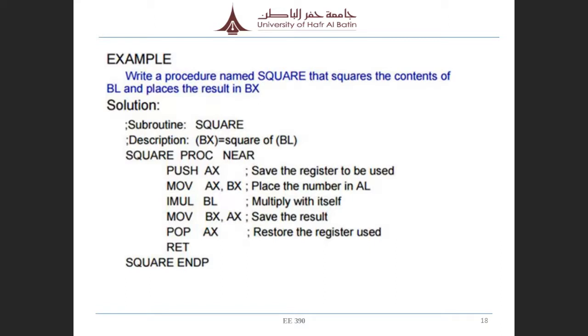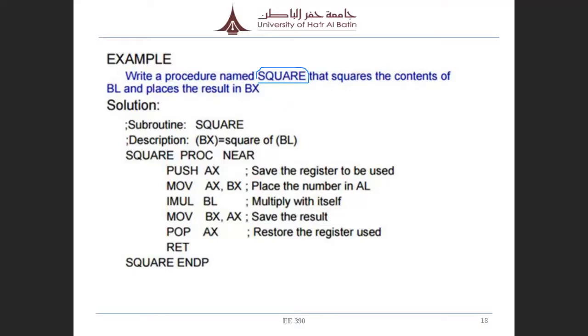Now it's about how we have to write the procedure. We have to put a name here. Look at the examples, then it will be more understandable. Write a procedure, name is square. So the name of the subprogram or procedure is square.